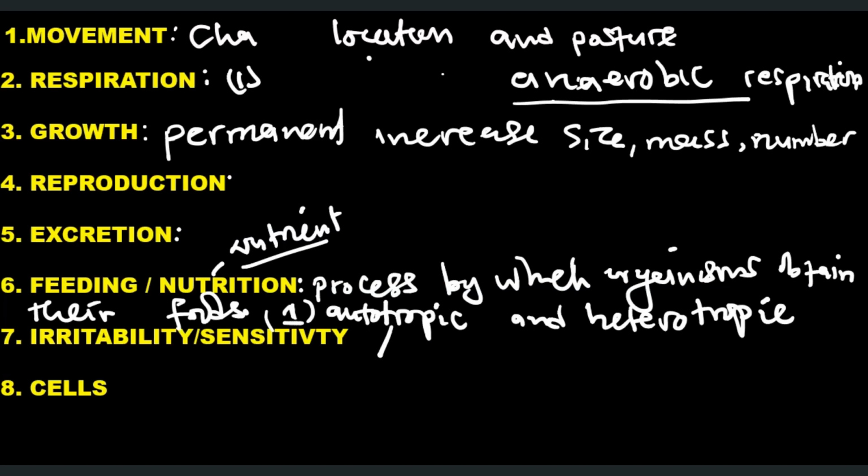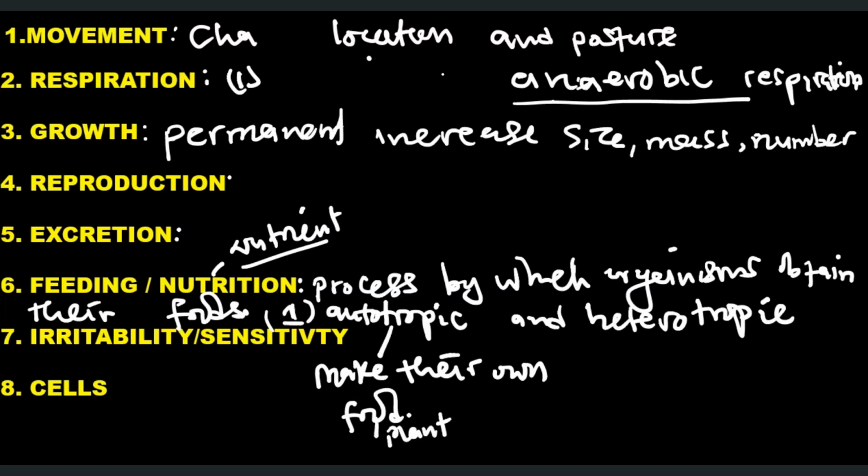Autotrophic nutrition has to do with organisms that are able to make their own food. Those that can make their own food are called autotrophs. So organisms that are able to make their own food are the ones that feed autotrophically. What are some examples? Plants.